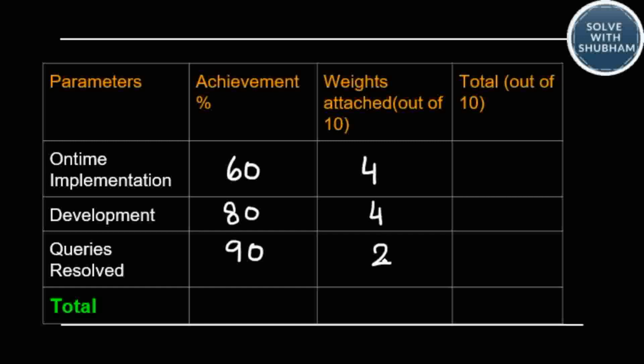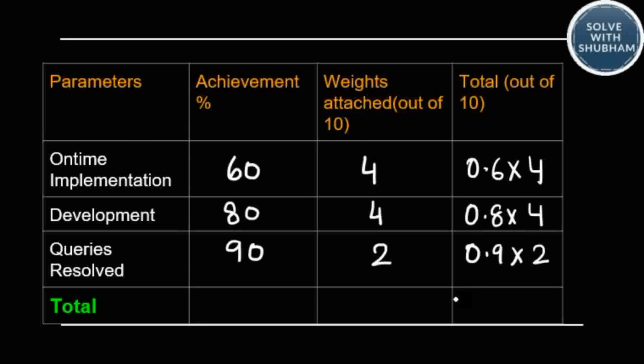So what is your total? Total we will try to find out. This would be 60%, so 0.6 into 4, 80%, 0.8 into 4, 90%, 0.9 into 2.